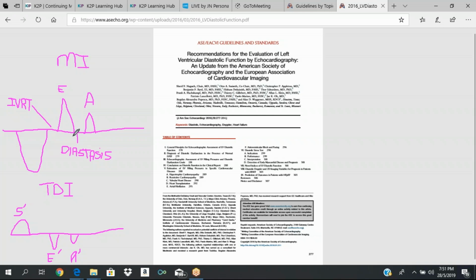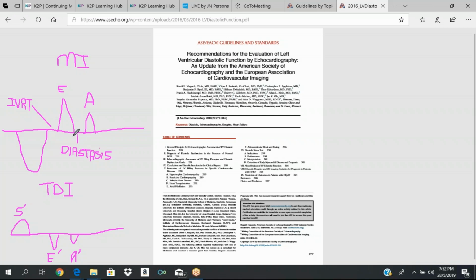The worse the diastolic dysfunction, the pulmonary pressures get more severe. And remember, we use the TR velocity to measure the pulmonary pressures. So the worse the diastolic dysfunction, the greater the TR velocity, the greater the left atrial volume.